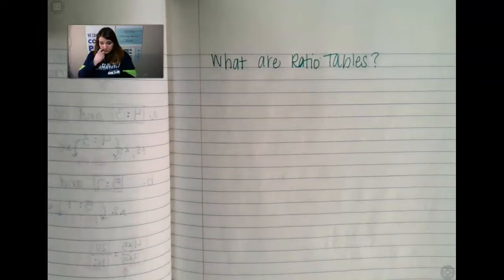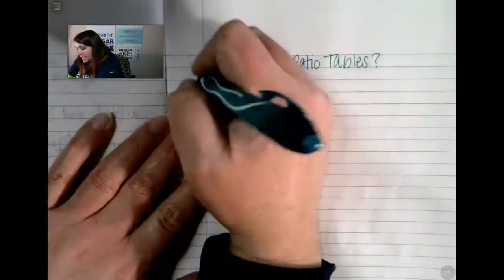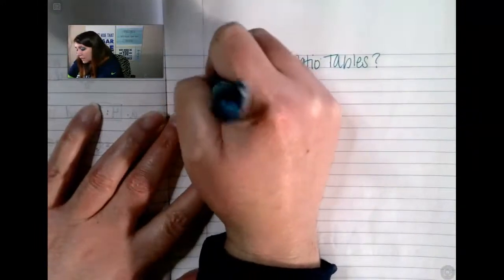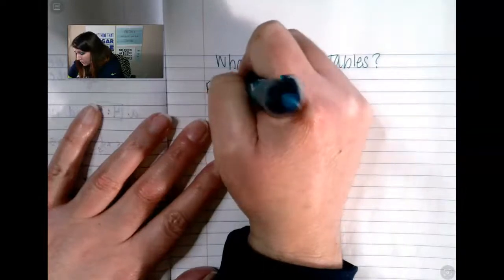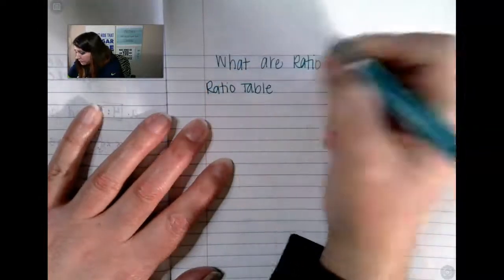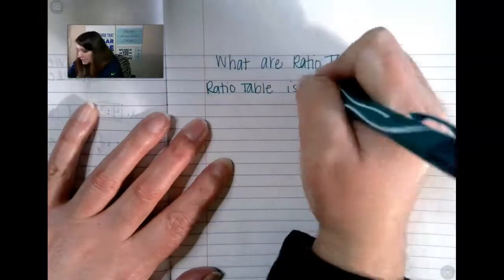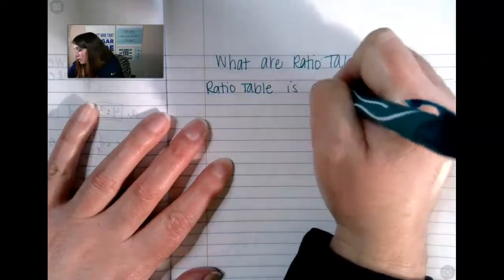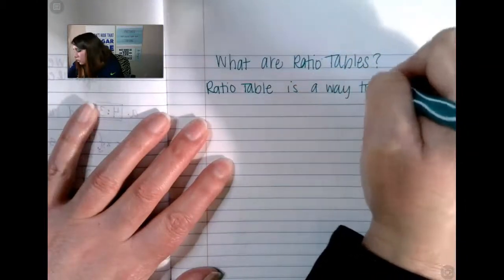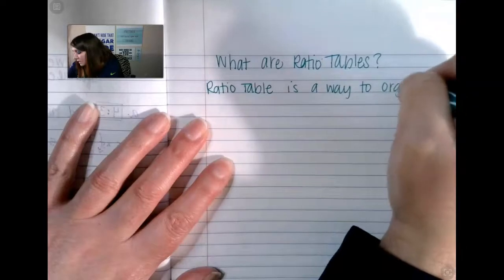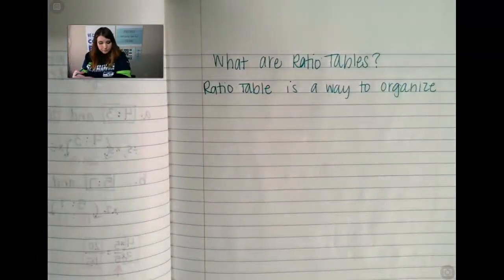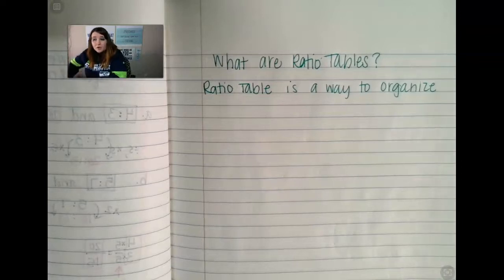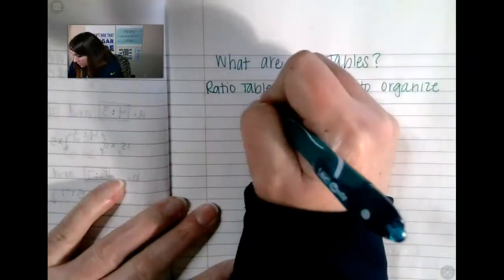So, a ratio table is a place where we can organize our ratios.